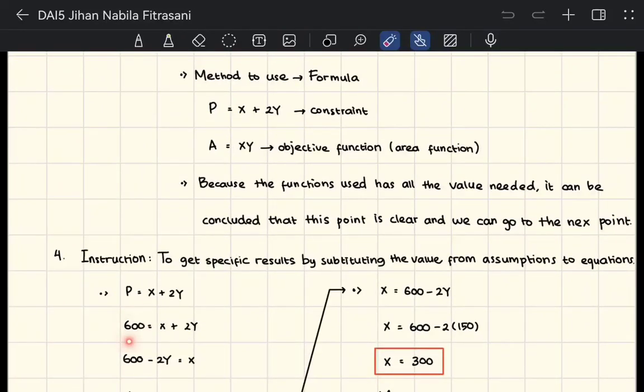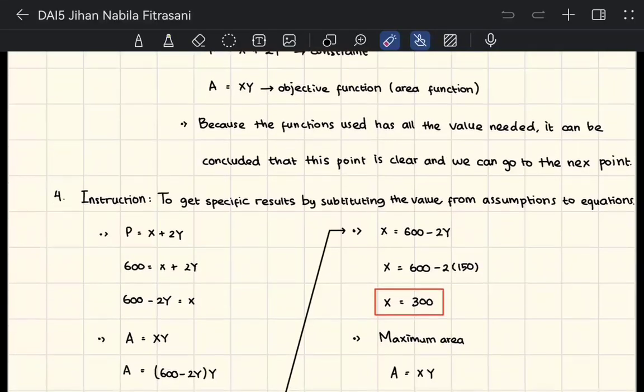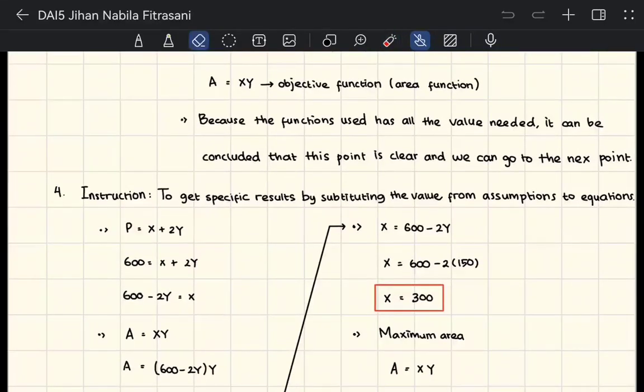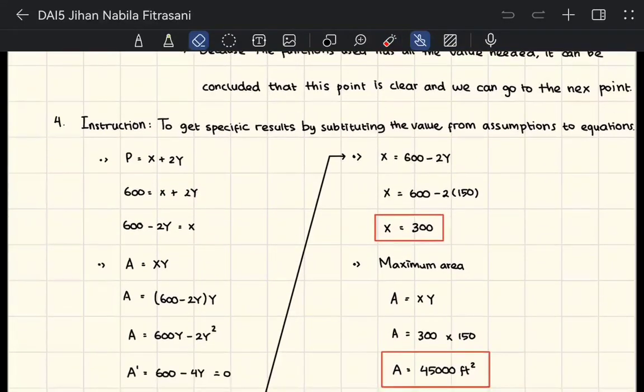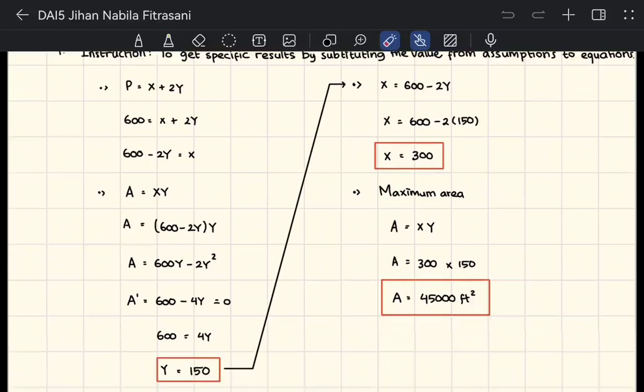That's why we put 600 equals x plus 2y. So we will try to look for the specific values of x and y. We can move the 2y beside the 600, so we can get the value of x.